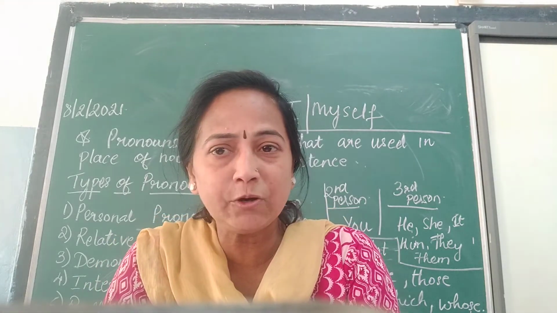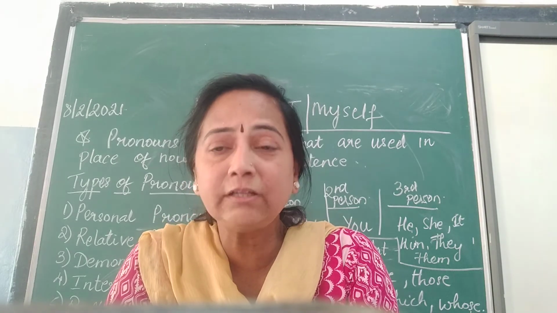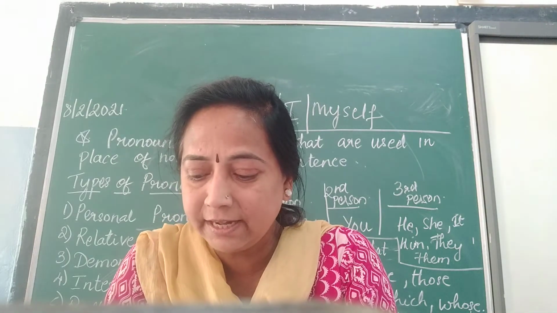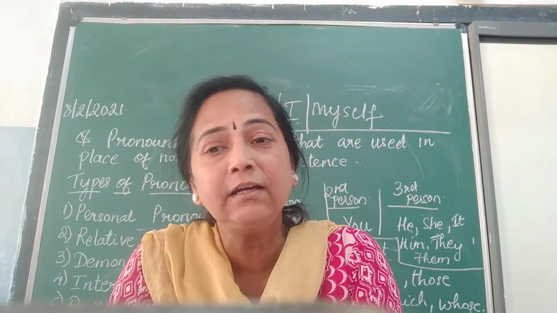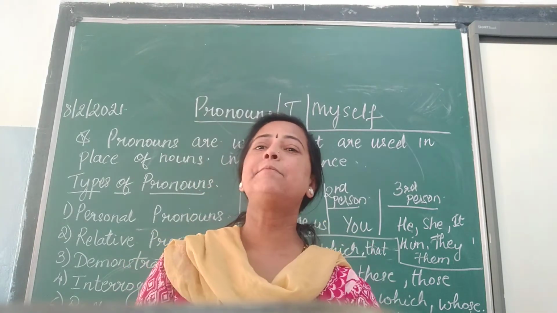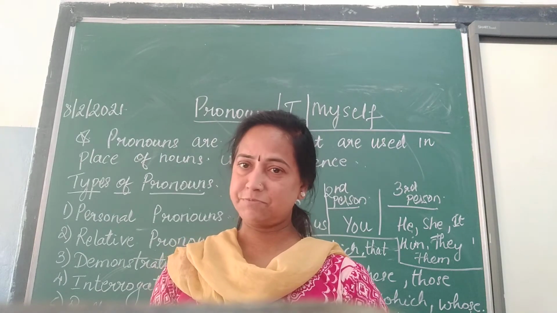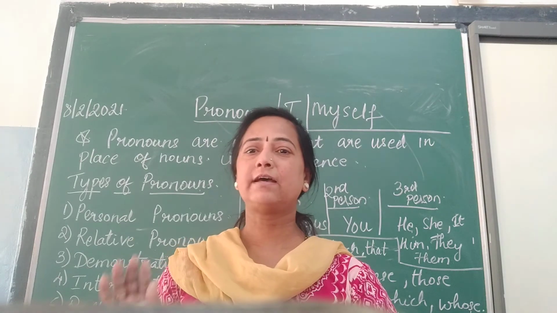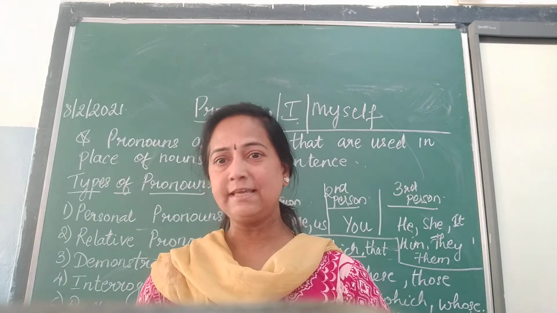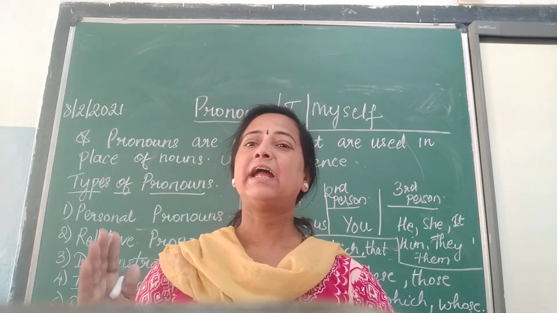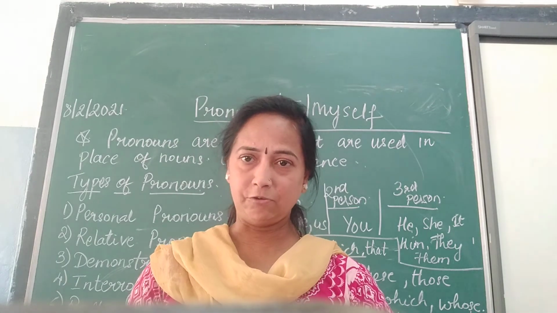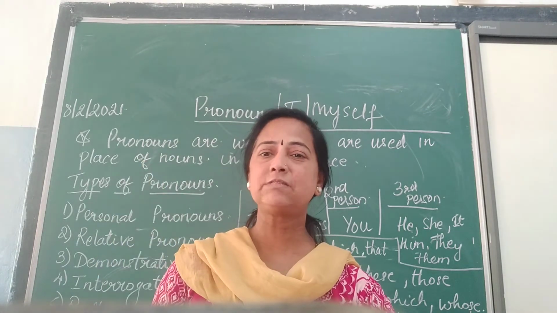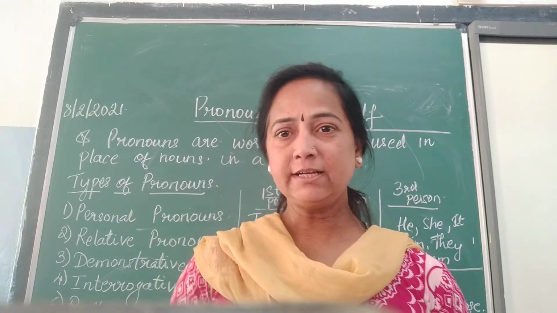In reflexive pronoun, I solved the quiz myself. Here in emphasizing pronoun, I myself solved the problem. It comes immediately after the subject. Such words are called emphasizing pronouns, and if it comes after the object, it is a reflexive pronoun. But you can remember all these five which are there for your syllabus.